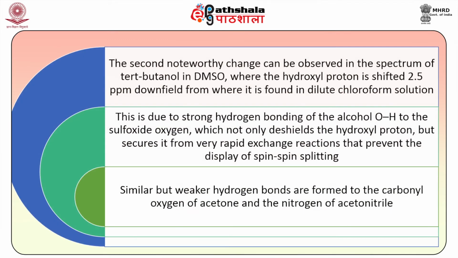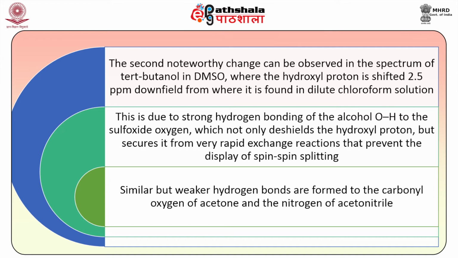The second noteworthy change can be observed in the spectrum of tertiary butanol in DMSO, where the hydroxyl proton is shifted 2.5 ppm downfield from where it is found in dilute chloroform solutions. Why is this happening?